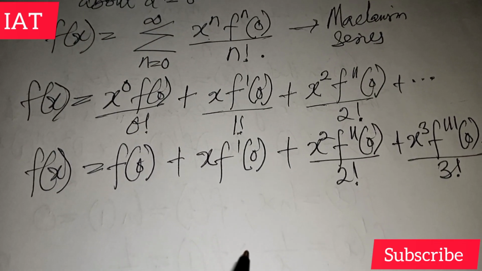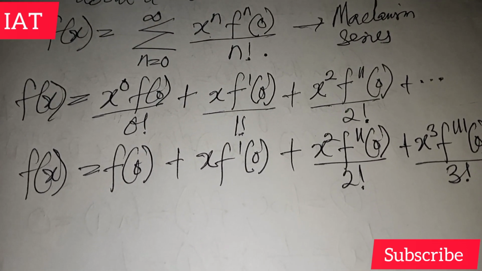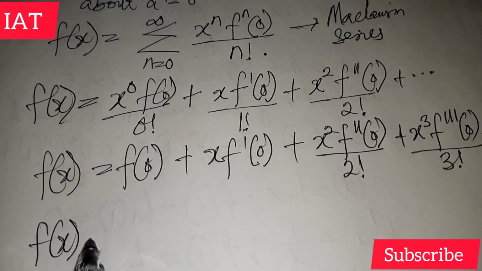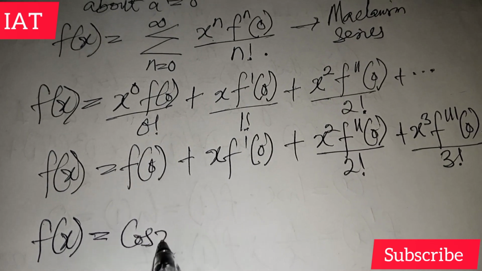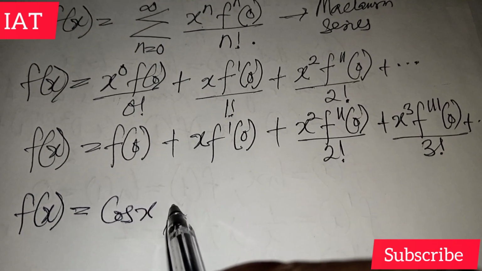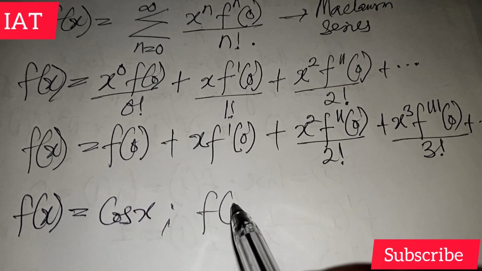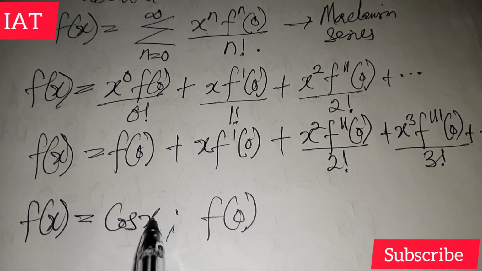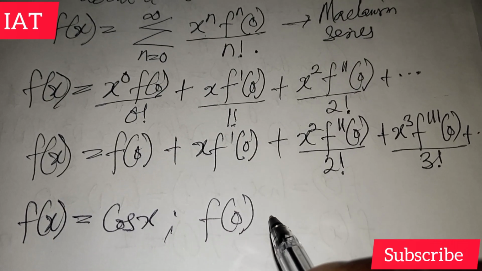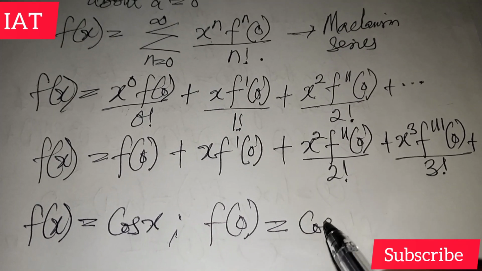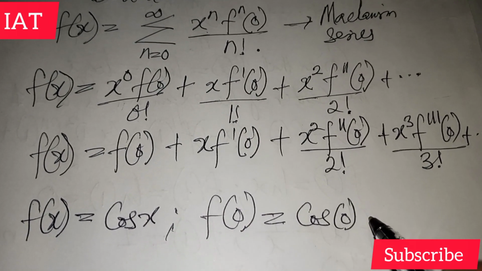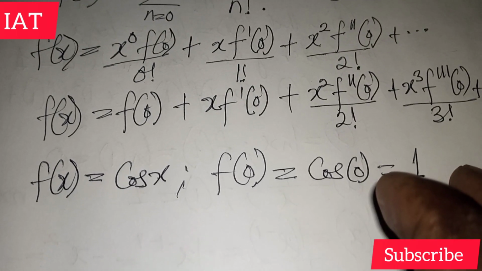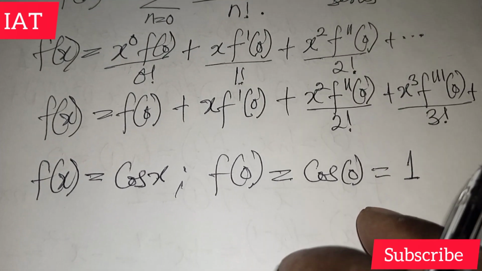Since it is given that f of x is equal to cos x, by the time we substitute 0 for x, anywhere you see x, we just plug in 0. So we have cos 0, and the result is 1. Cos 0 should be 1, yeah.